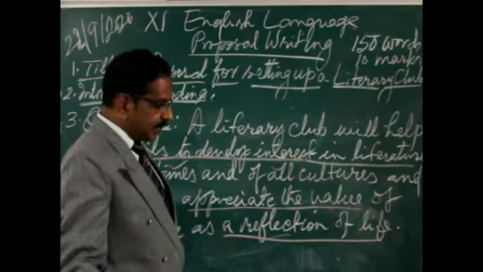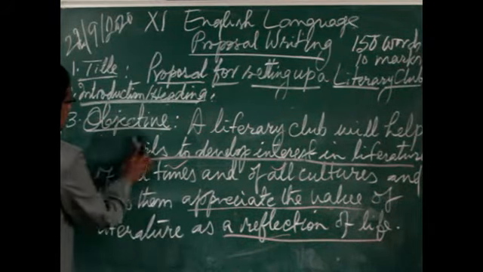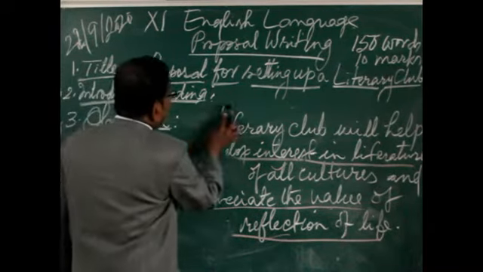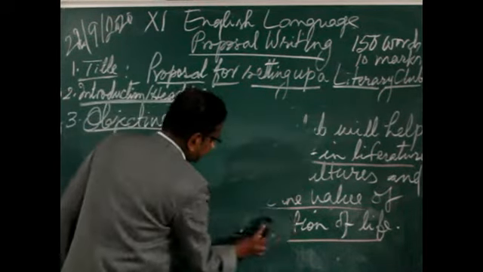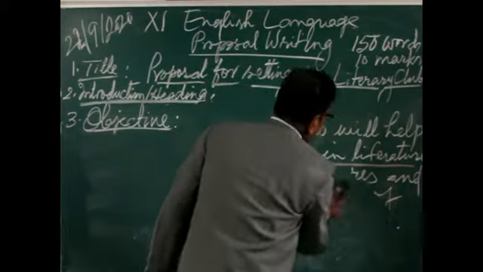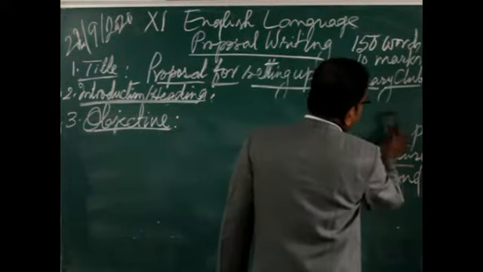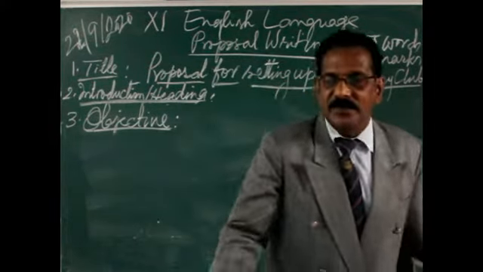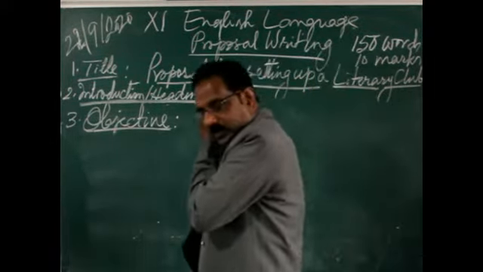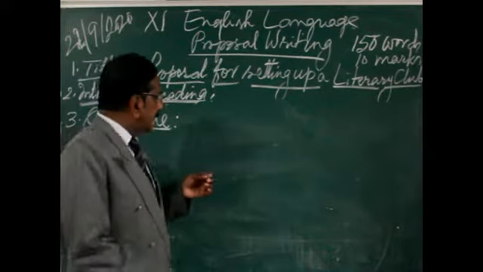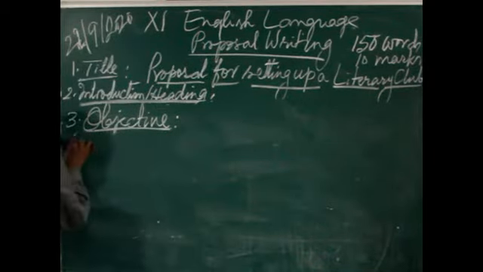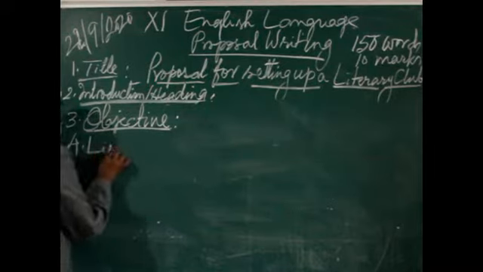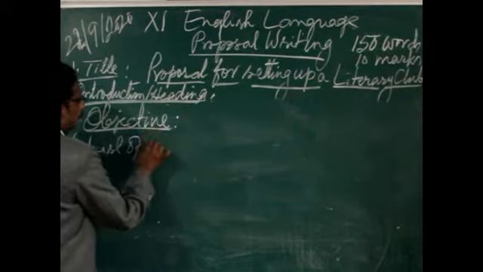So that is our third point, the objective. Now the third point we shall be writing. It's to be written very briefly, and that's why I'm going about it in this way. The next point, point number 4, is a list of measures.